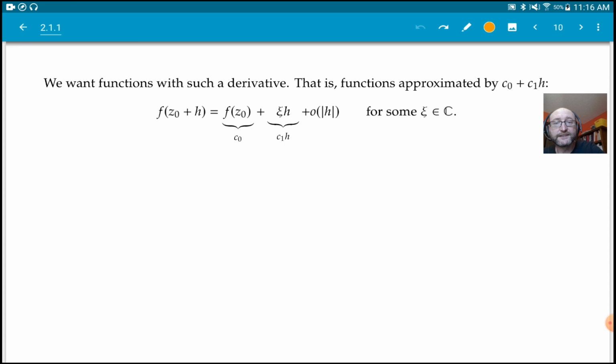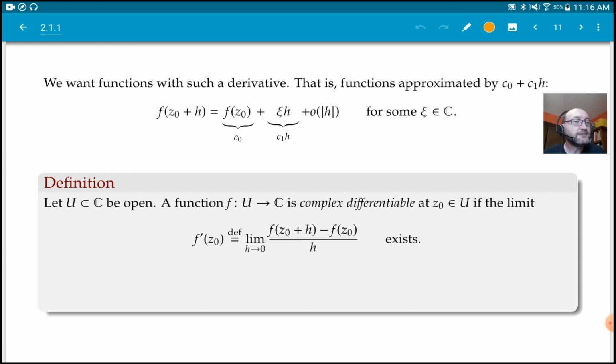So it says that I have this affine linear approximation. C is just some number. It's really going to be the derivative, right? And then this is the error, and that's supposed to go to 0 faster than h, right? That's what that little o of h means, right?